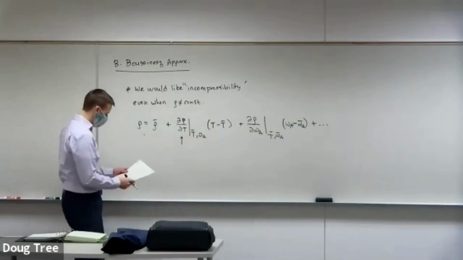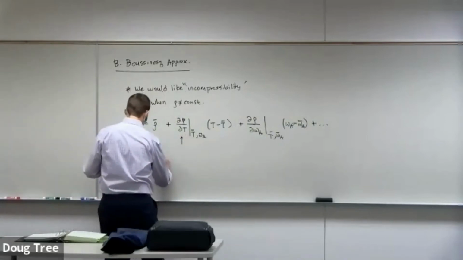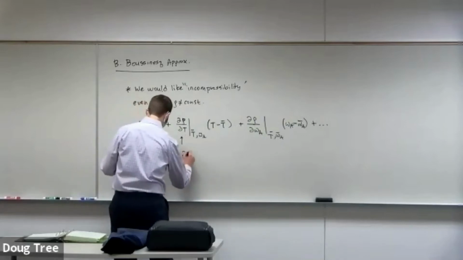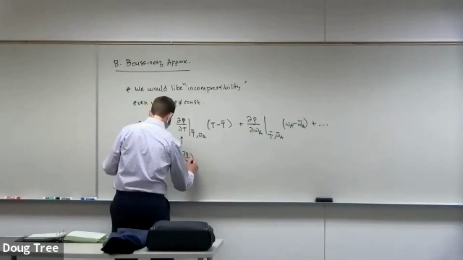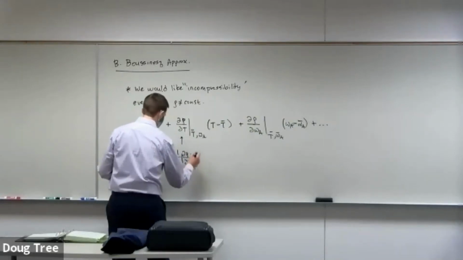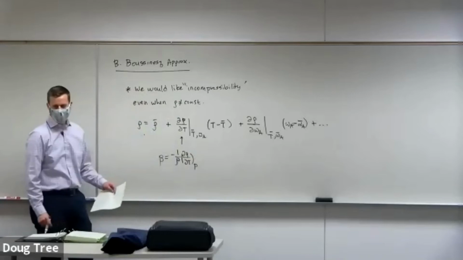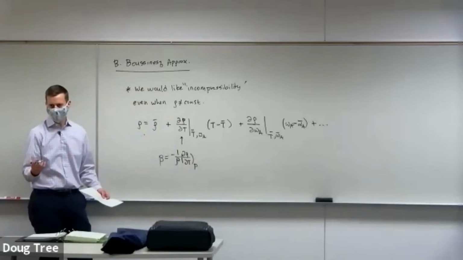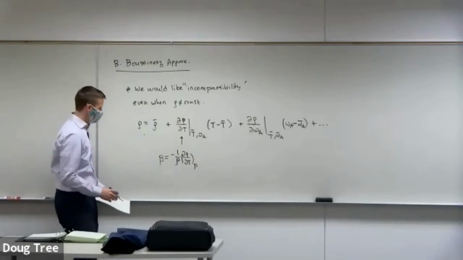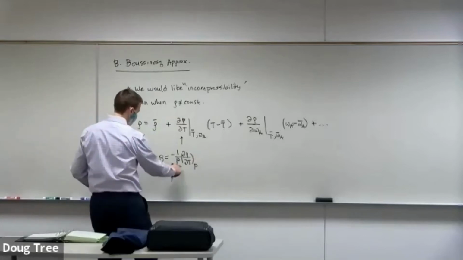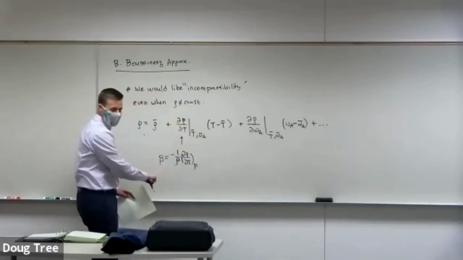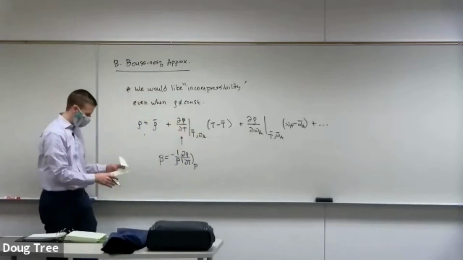We write this parameter beta, which is minus 1 over rho d rho dT at constant P, okay? That's the isobaric thermal expansivity, a mouthful, but the thermal expansion coefficient, right? How much does something change? So instead of writing d rho dT, people will write it with beta.